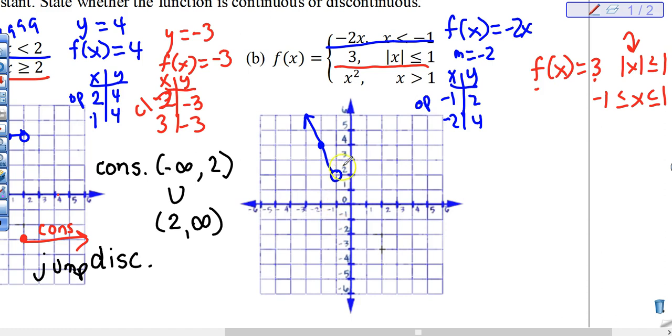So when x is -1, y is 3. And it's closed because it's equal to. Again, you can make a t-chart. -1, 0, 1, 3, 3, 3. And closed on both ends because it says equal to. So there you have a constant section.